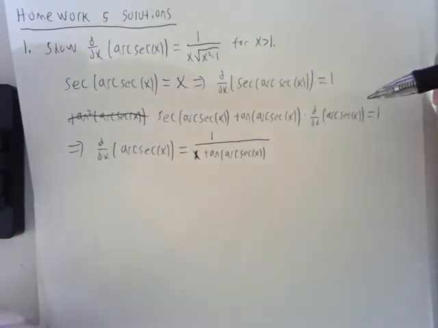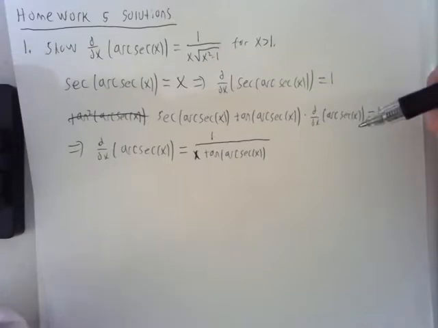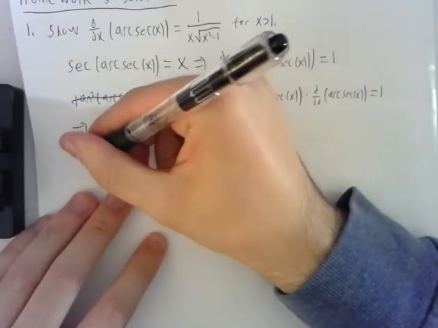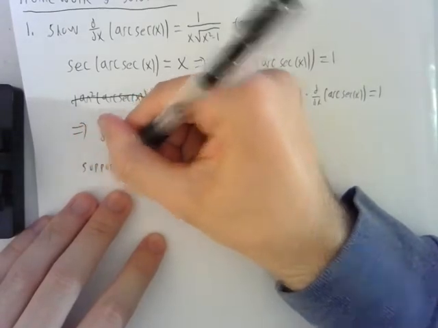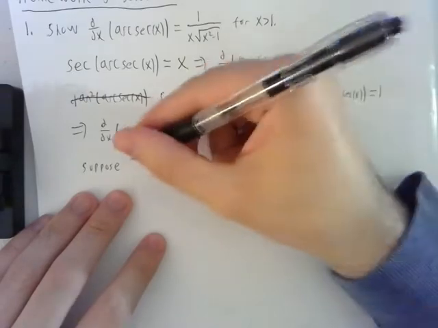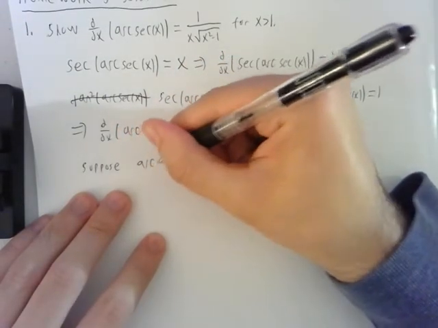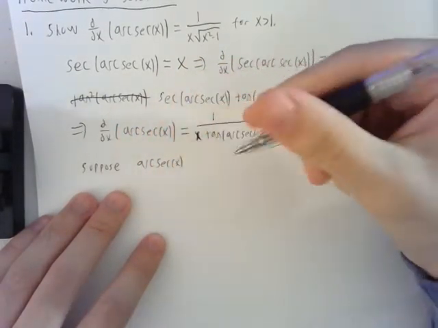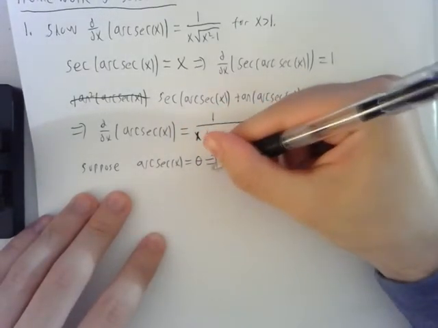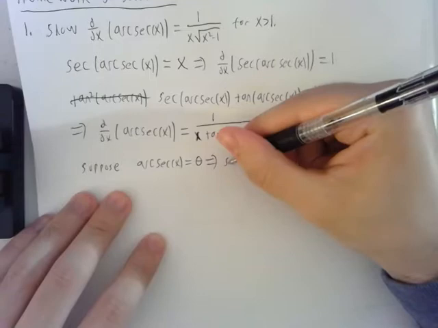So let's take a look at this. Suppose that arcsecant of x is equal to some angle theta. Then if we take secant on both sides, we know secant of theta is equal to x.